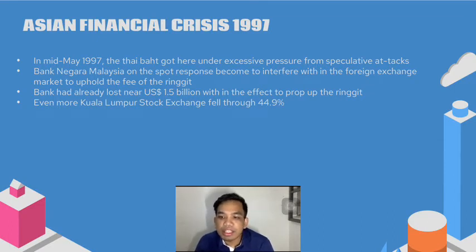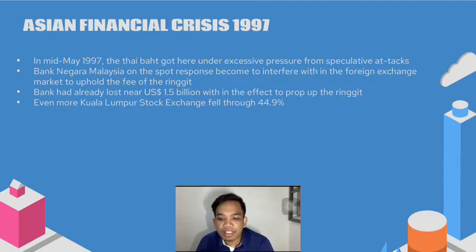At its lowest point, the ringgit depreciated against the dollar to nearly 50 sen, hitting a low of RM 4.88 to the US dollar on January 7, 1998. After a brief period of stability throughout February and March, the trend continued to worsen with hardened fluctuation in the following month.